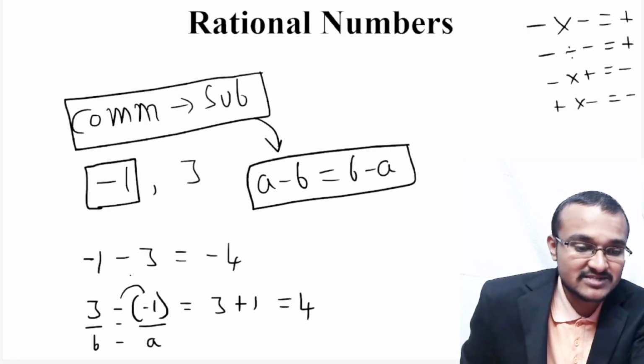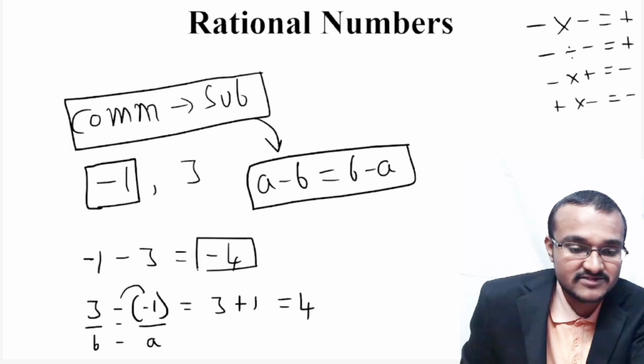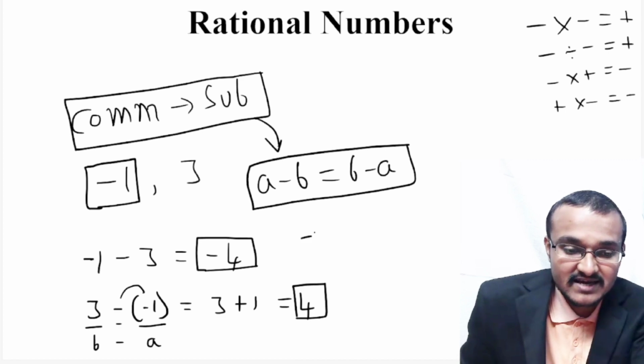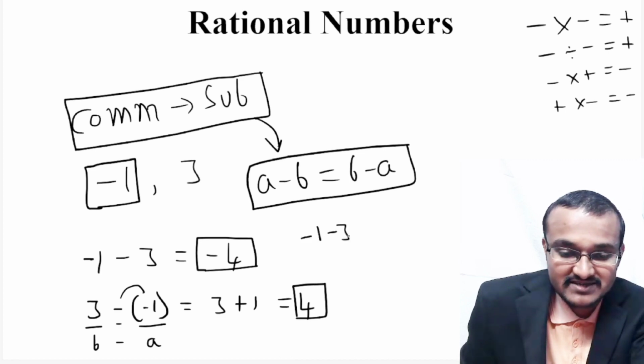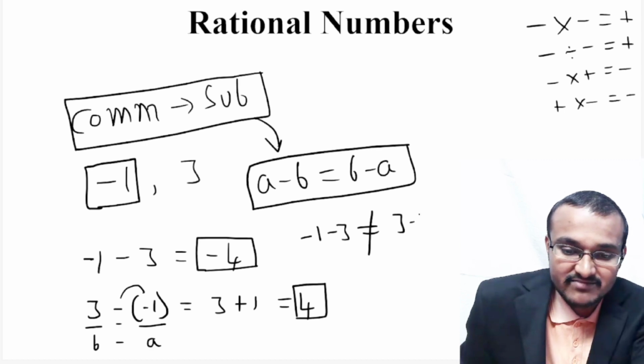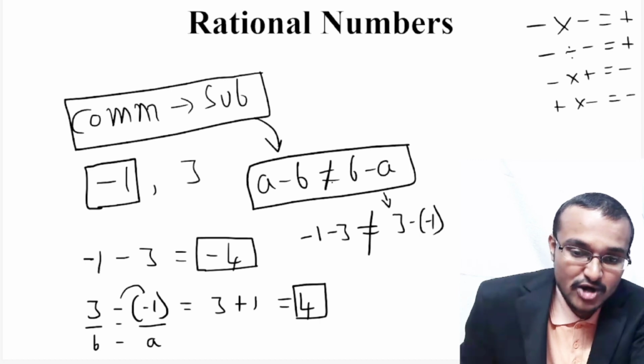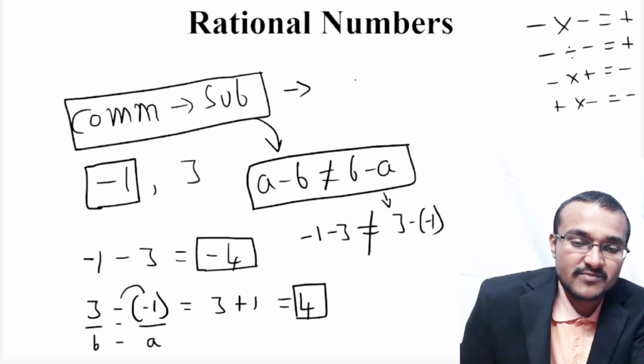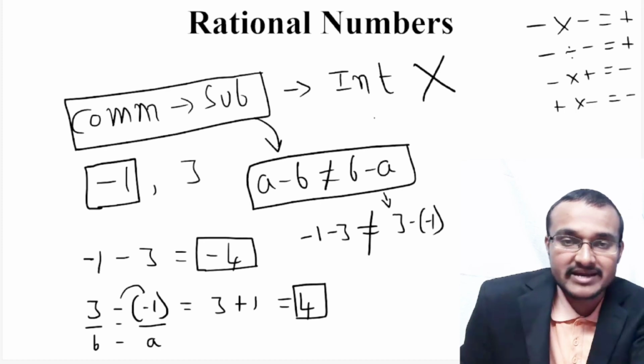Here you can see minus 1 minus 3 is giving you minus 4, whereas 3 minus of minus 1 is actually giving plus 4. So here also you can see minus 1 minus 3 is not equal to 3 minus of minus 1. That means this particular condition is not obeyed. So commutative property under subtraction for integers is not obeyed.